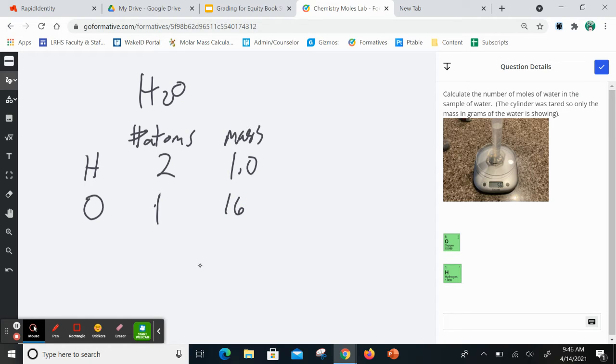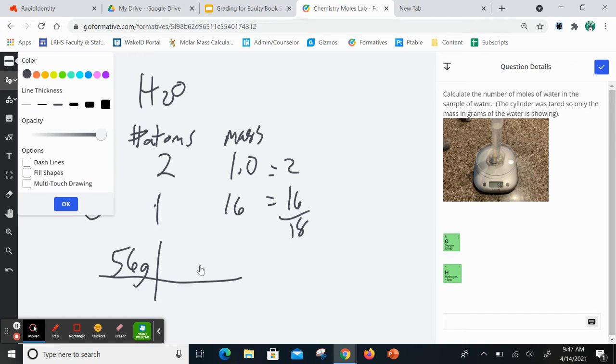So that gives us a total of 18. And then same thing, since we're finding moles from grams, we're going to start with our grams and then divide by the 18 grams we just had, and that's 18 grams in 1 mole. When we divide 56 by 18, we get 3.11 moles of water in 56 grams.